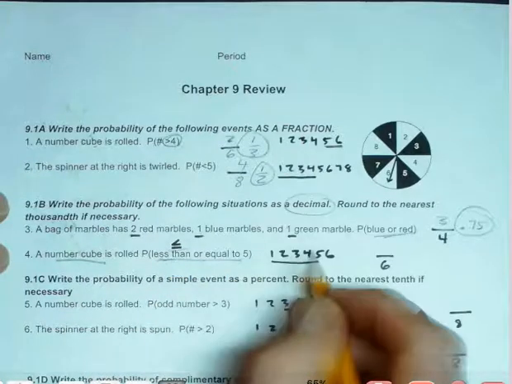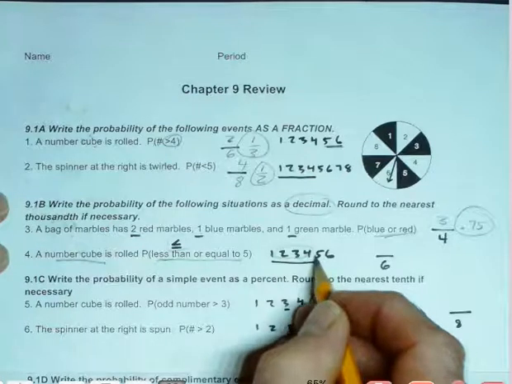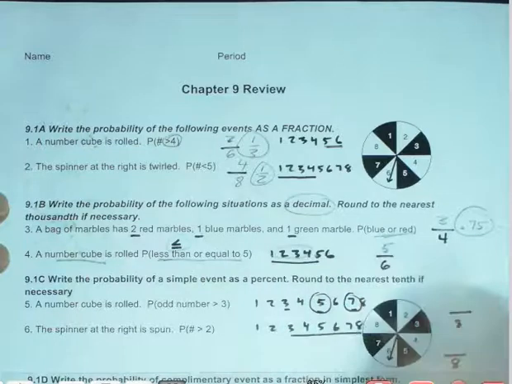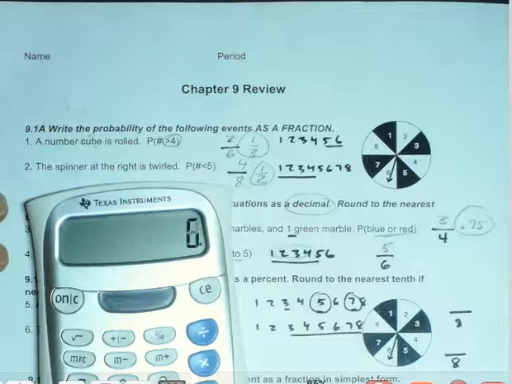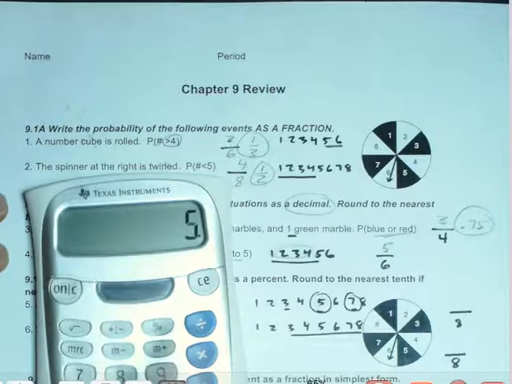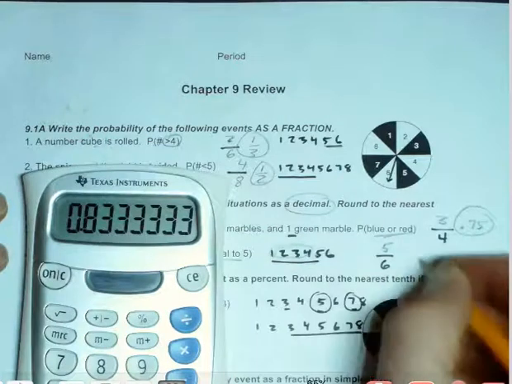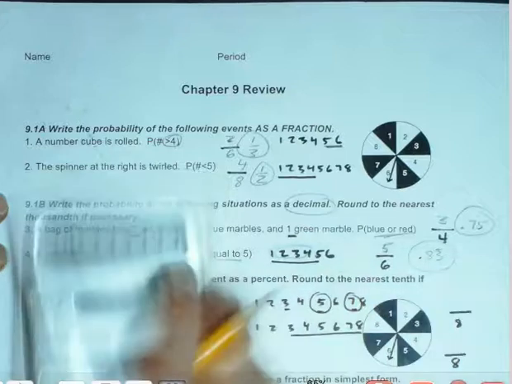Well, all of these are less than 5, and 5 is equal to 5. So we actually have a 5/6 chance, and let's just pop that into the old calculator. 5 divided by 6, and we've got 0.83 repeating. 0.83 repeating would be our decimal for that probability.